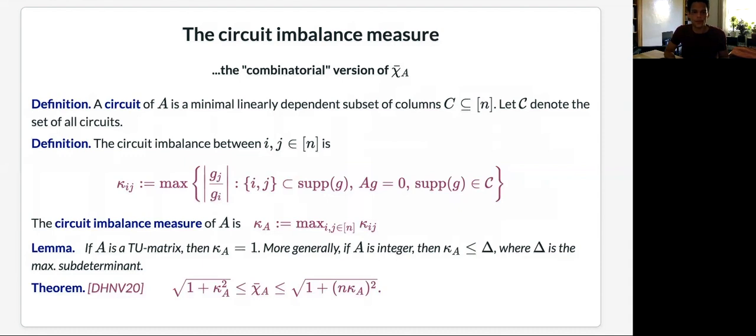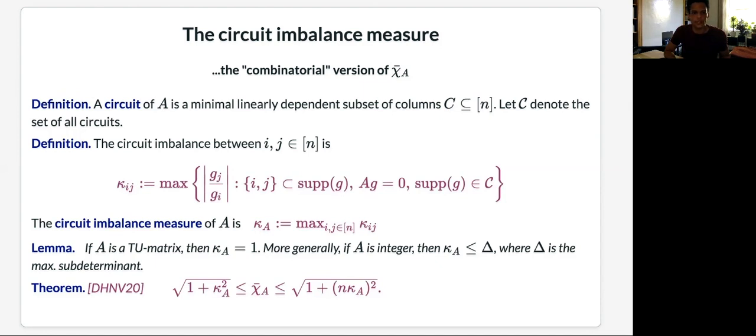Now for a circuit, which corresponds to a one-dimensional subspace, we look at kappa_ij, which is defined as the ratio of the jth and the ith variable, and define the circuit imbalance measure of the matroid, or of the kernel of A, as the maximum over all these kappa_ij's. Note that whenever our instance is irreducible, this kappa_ij is well defined. So we will find a circuit that contains both i and j.